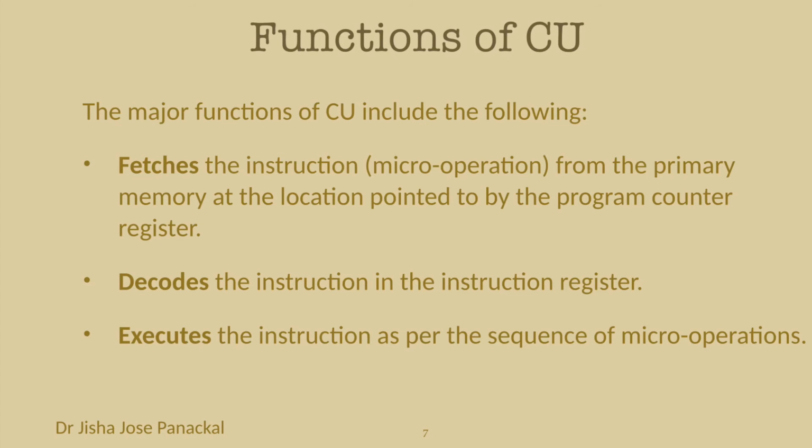Then it will decode the instruction in the instruction register and it will execute the instruction as per the sequence of micro operations. So the major functions include fetching, decoding and executing the instructions as per the sequence.